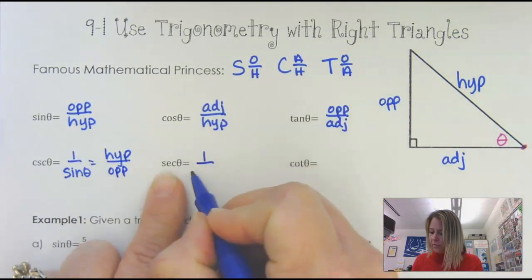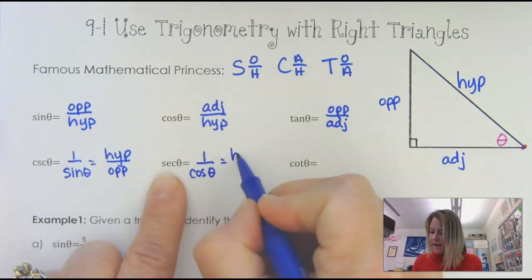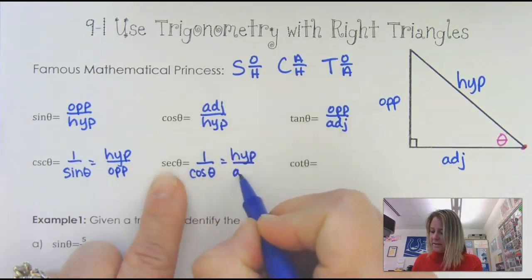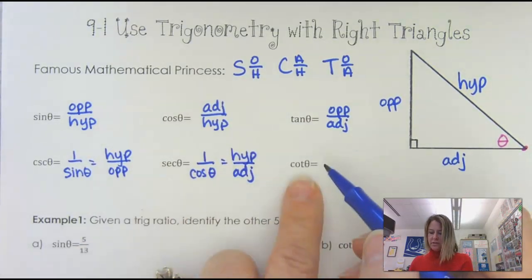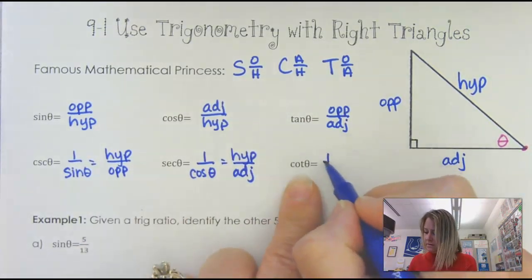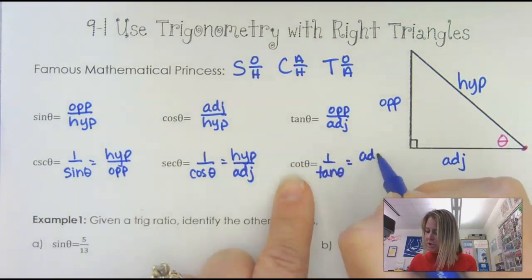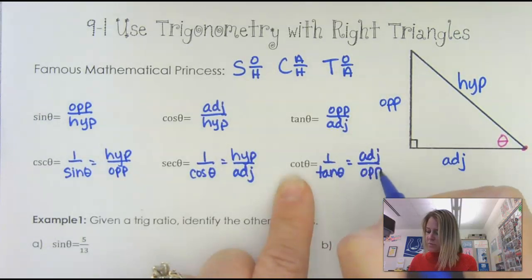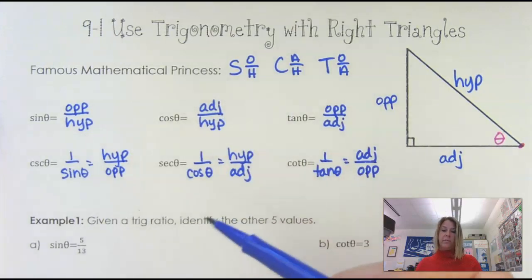So it's 1 over cosine, or we could say it's the hypotenuse over the adjacent. And then cotangent is 1 over tangent, or we would just say the adjacent over the opposite. So we're just going to take these ratios from SOHCAHTOA and we're going to flip them.